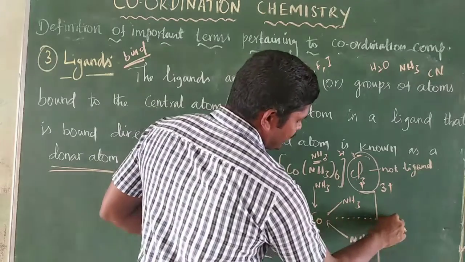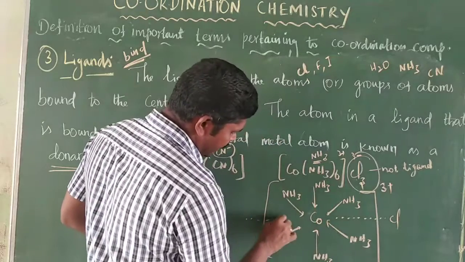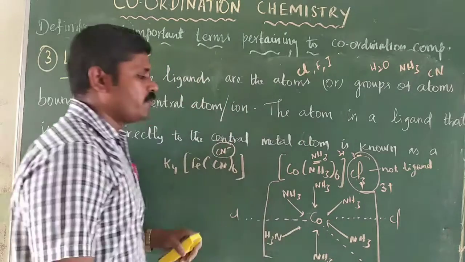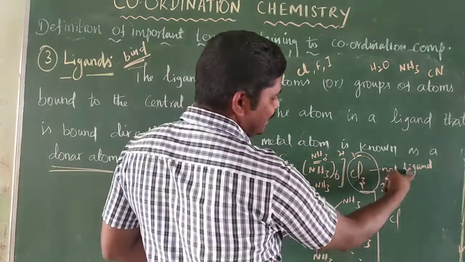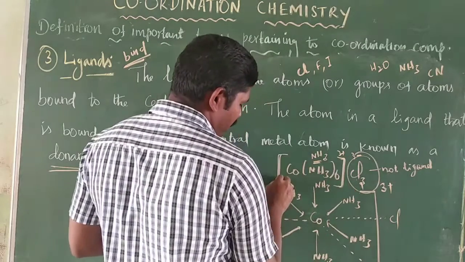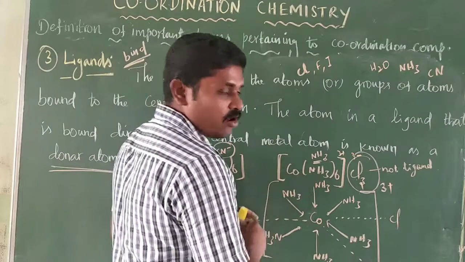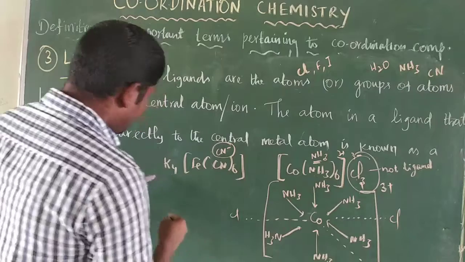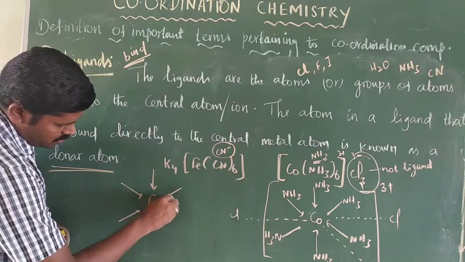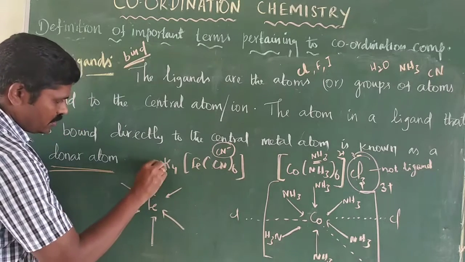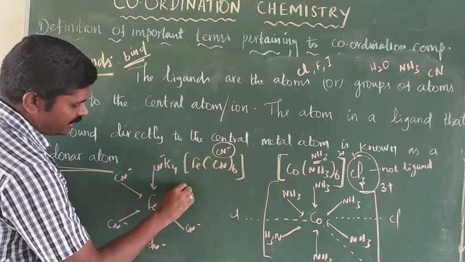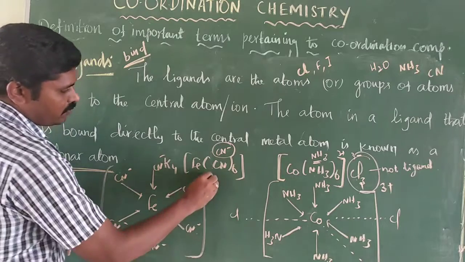But the chlorine does not directly attach to the central atom. It can be placed in any one direction. So Cl3 is not a ligand, ligands are present only inside the square bracket. Okay? So in this entity, Fe with CN minus six times, 4 minus.